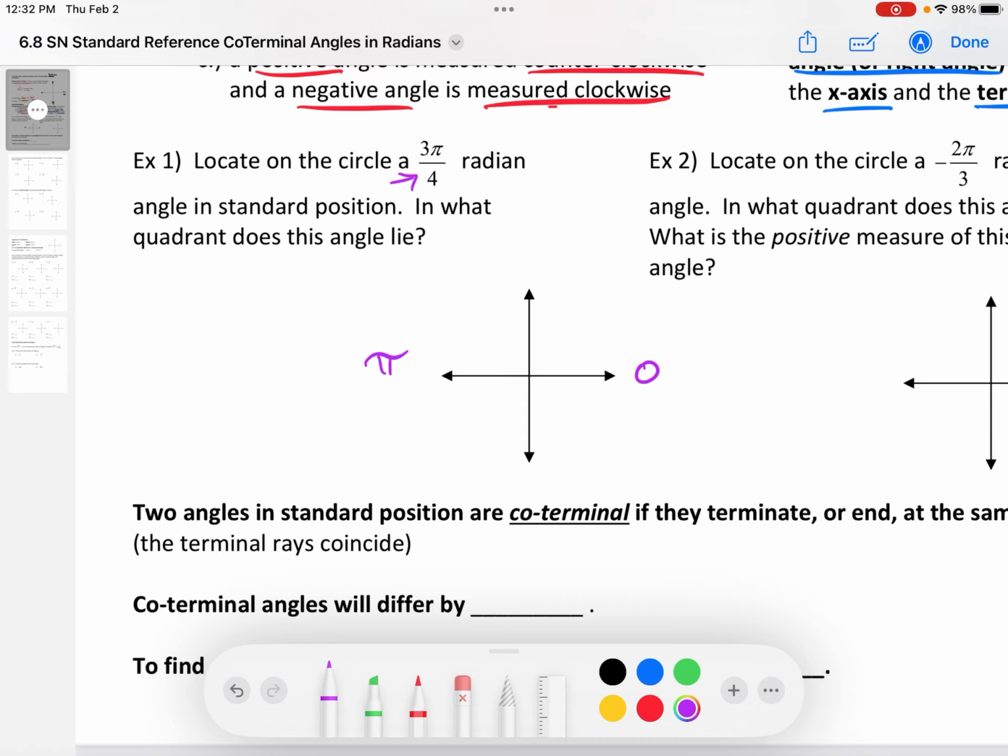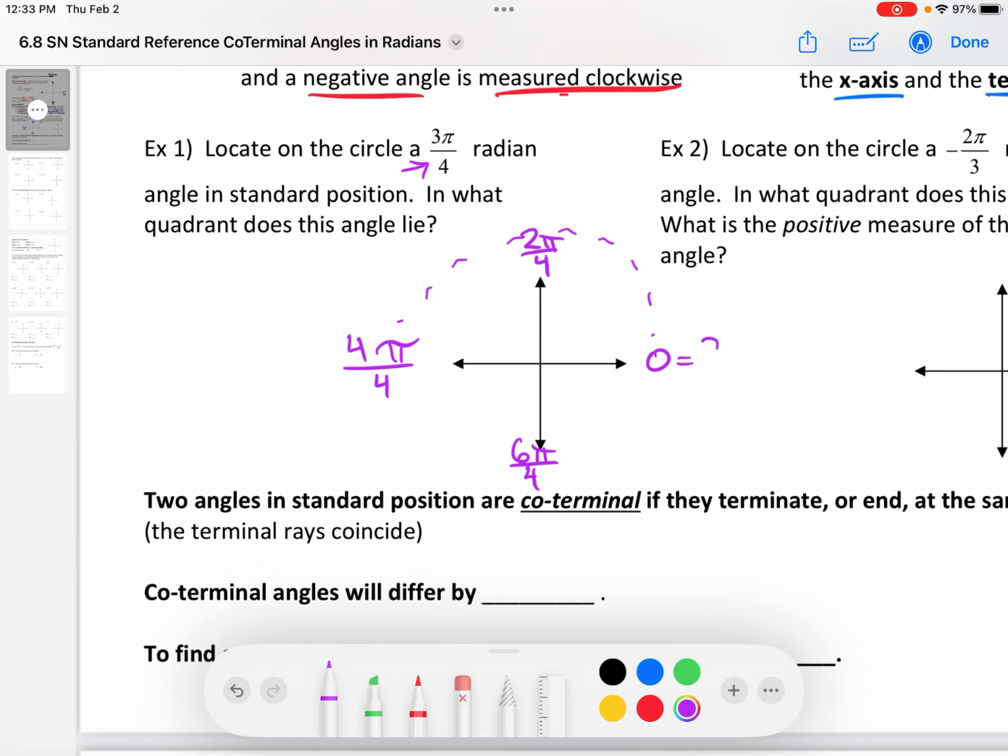So I'm going to label this left side as 4 pi over 4. And that's going to help me count these axes in terms of pi over 4. So halfway between 0 and 4 pi over 4 would be 2 pi over 4. Then there was 4 pi over 4, counting up by 2 pi's would be 6 pi over 4, and 0 would be equivalent to 8 pi over 4.